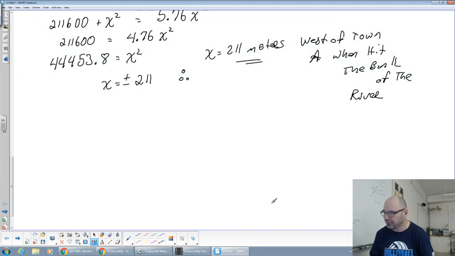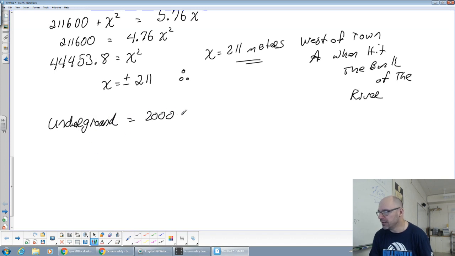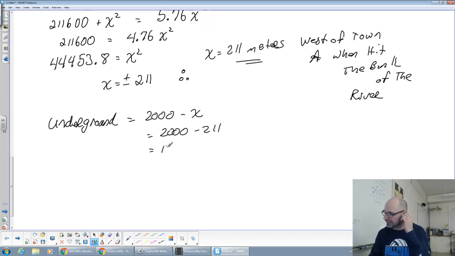So the underground distance, which was D, was 2,000 minus x, which would equal 2,000 minus 211, which should be equal to 1,789 meters when underground.